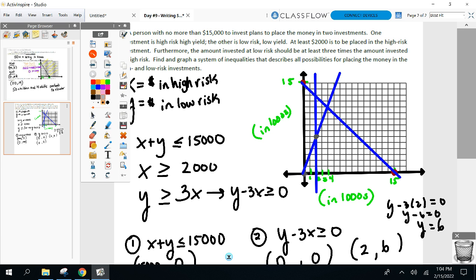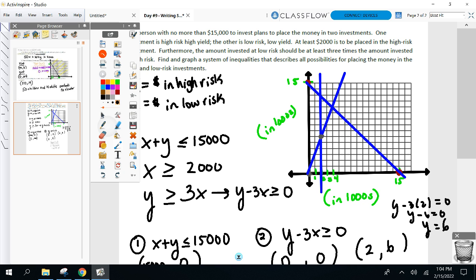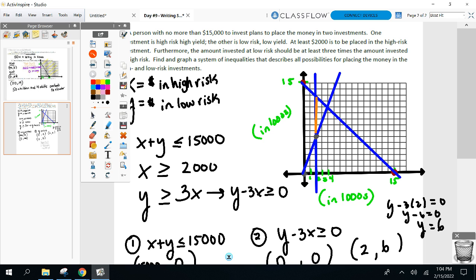Where is my solution? Little triangle. There we go.